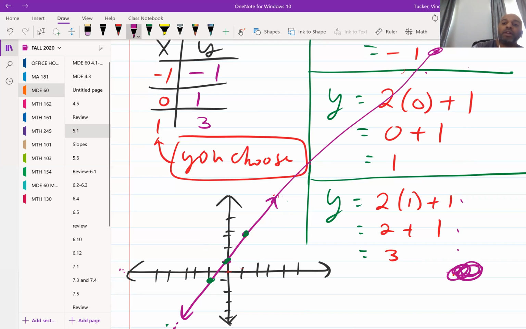Same thing if you chose negative 100, it'll be way over to the left, but it will give us a value that will still connect to this line down here. So it doesn't matter what value you choose. You just have to remember that whatever you choose, you will have to graph it. So you don't want to choose anything too ridiculous when you go about trying to graph your points.